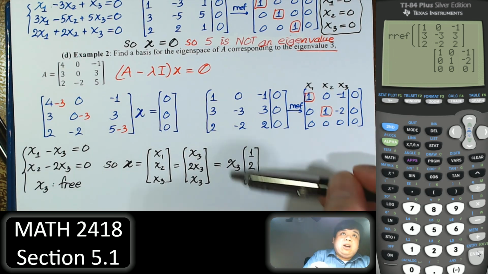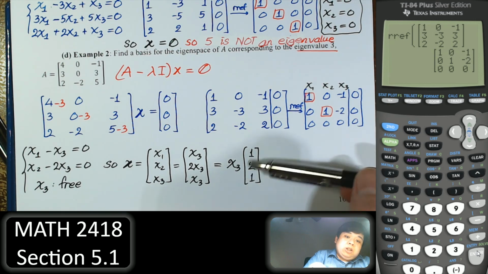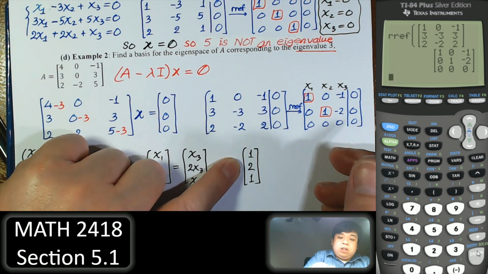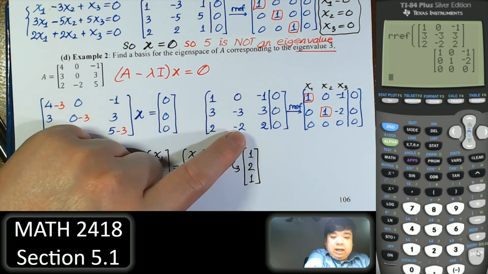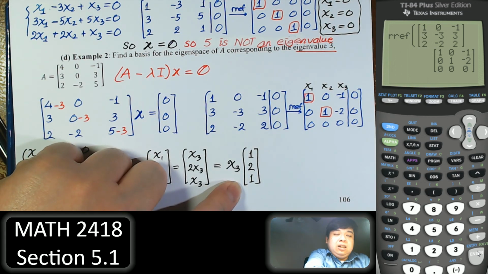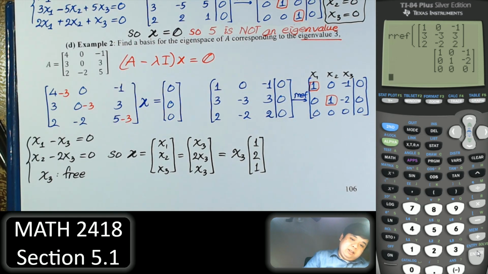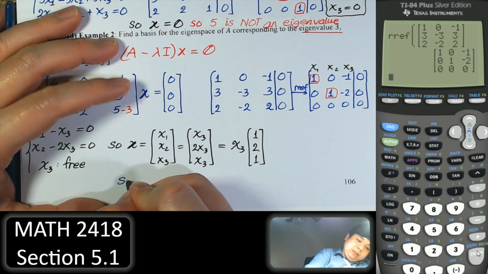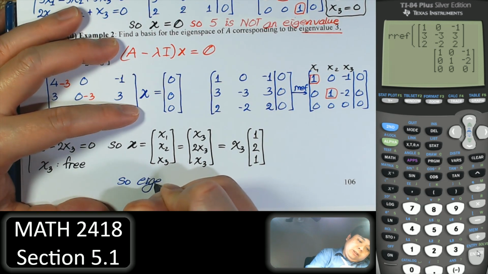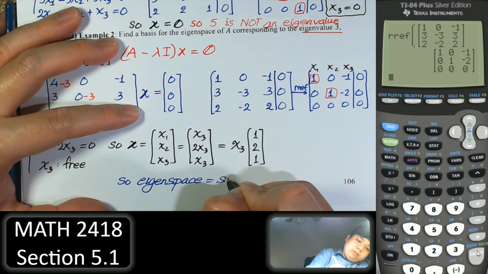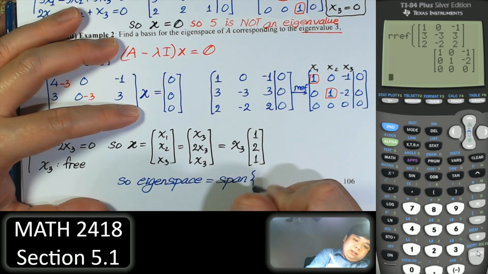So this is the eigenspace corresponding to the eigenvalue 3. If we want an eigenvector, we just pick one. For example, choose x3 to be 1, and we do have an eigenvector here. As for the eigenspace, it equals the span of that vector.